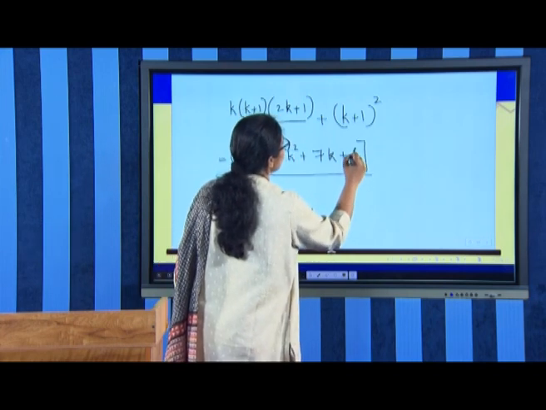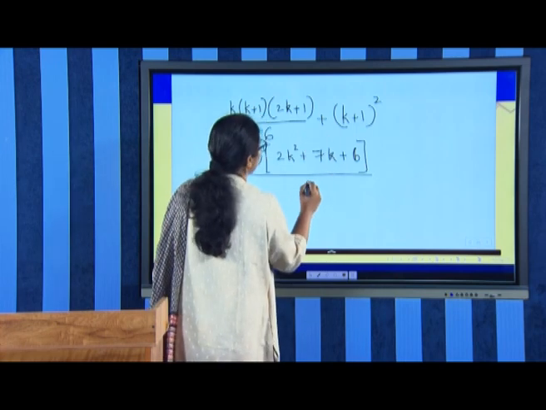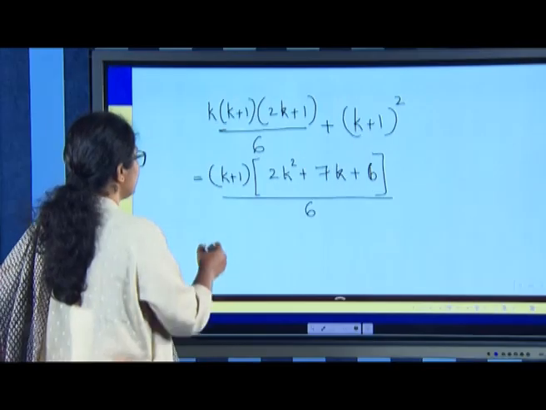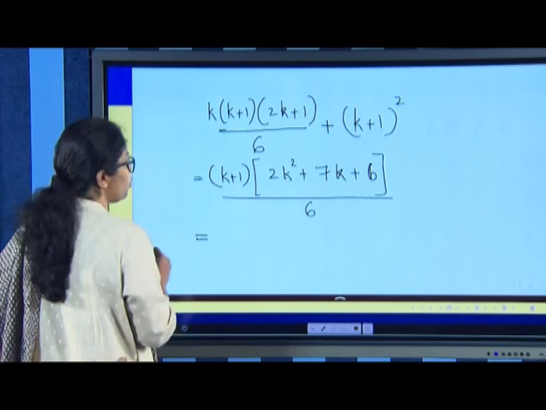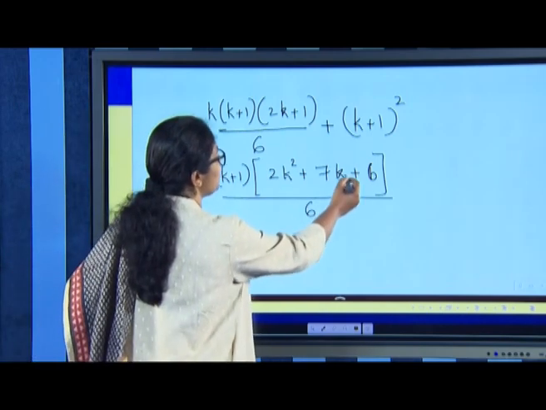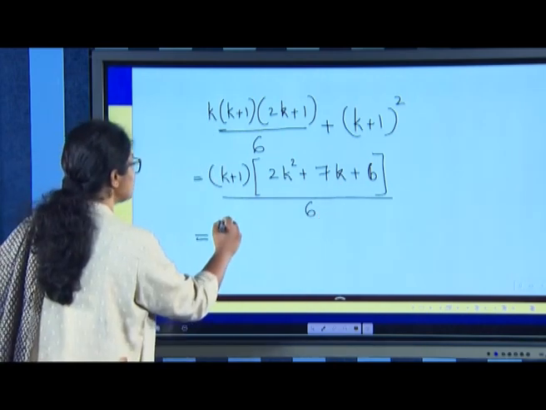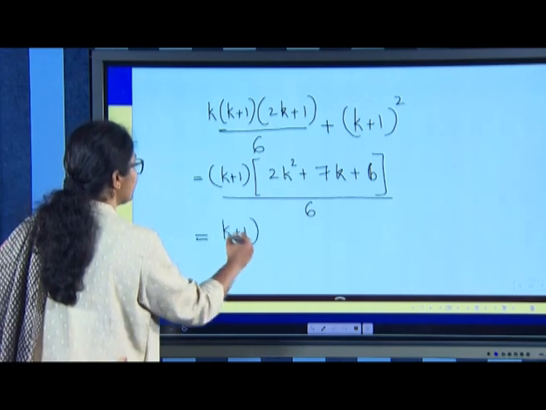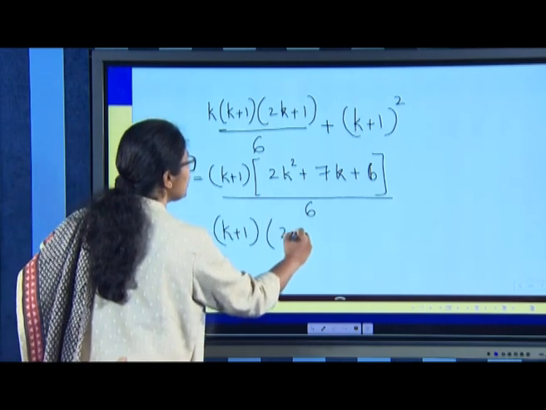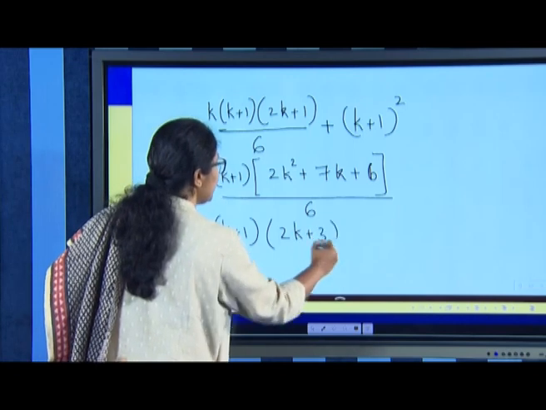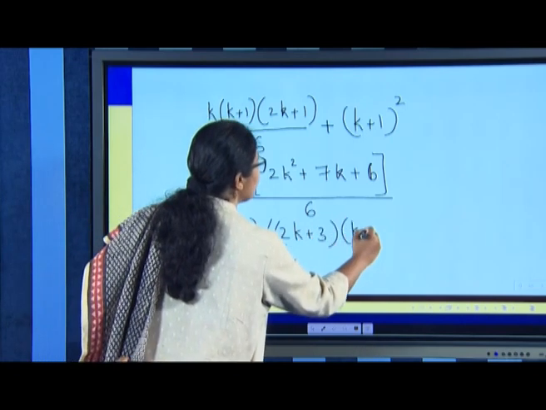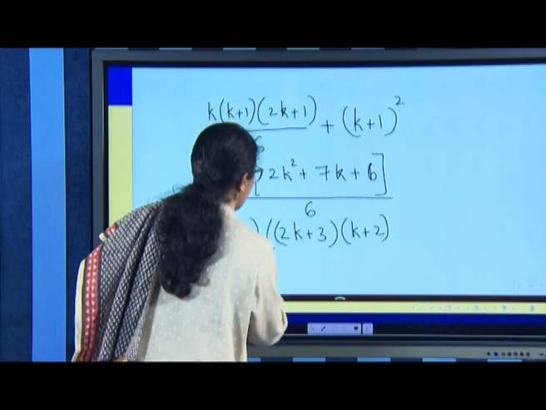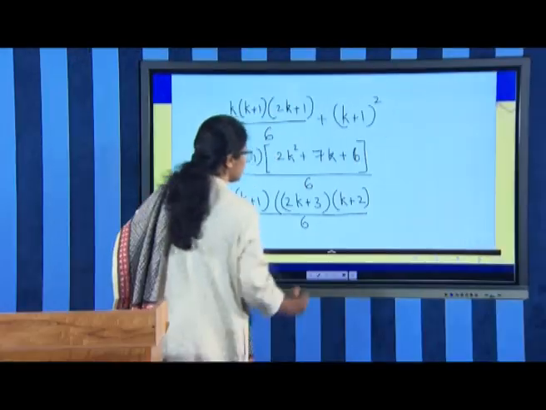When you take the LCM you will be getting 6 whole divided by 6. So, that on simplification or factorization of 2k square plus 7k plus 6 gives k plus 1 into 2k plus 3 into k plus 2 upon 6.